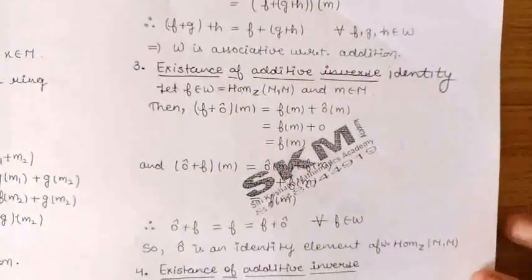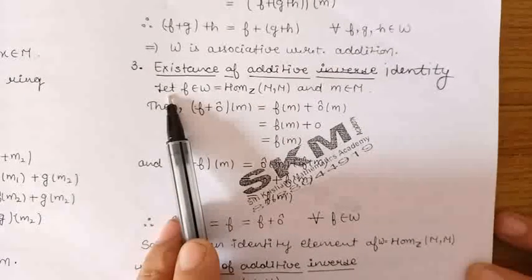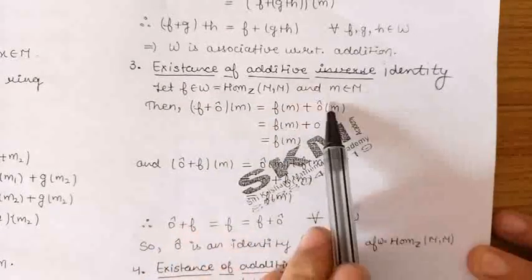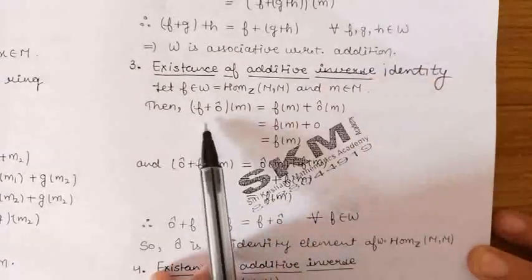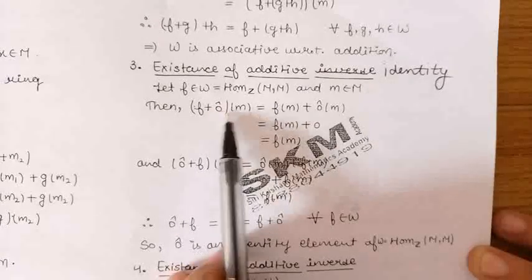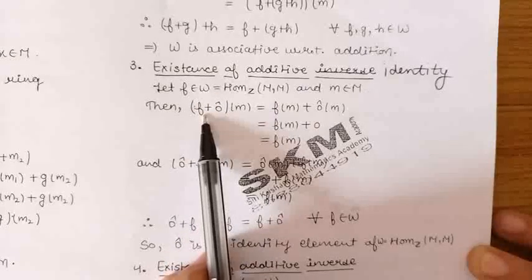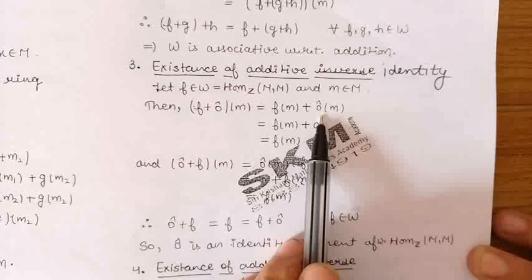Now next we prove the existence of additive identity. So let us take an arbitrary element F belonging to W and let us take M belonging to M. Now let us find F plus 0 mapping and image of M under this mapping. Now again this can be written as F of M plus image of M under the 0 mapping.